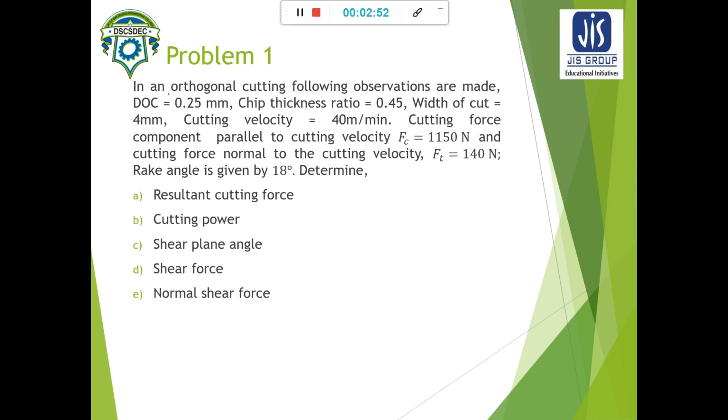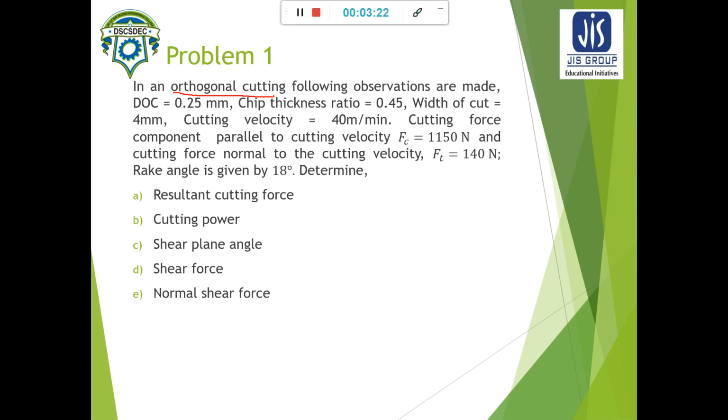Our problem statement is: in an orthogonal cutting. See, this is very important, this orthogonal cutting should be in your problem statement. Why? Because the whole analysis, the Merchant circle analysis or our velocity analysis, is based on one simple thing: that the cutting is orthogonal cutting.